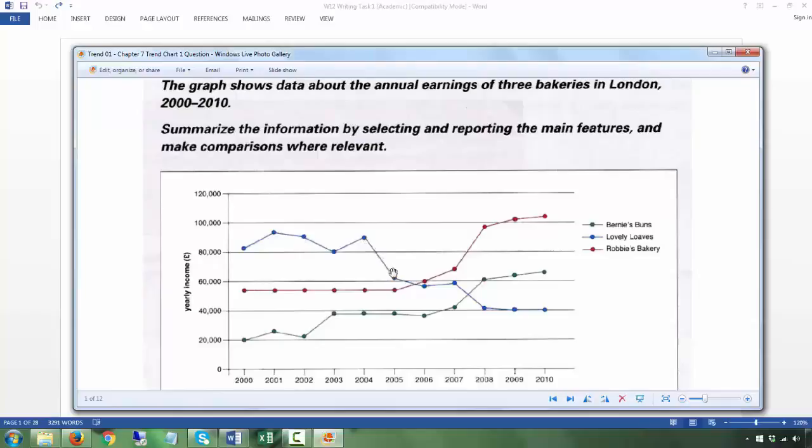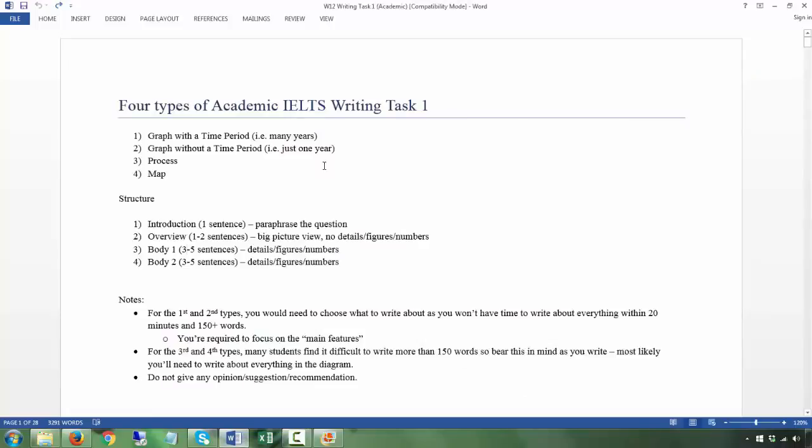So when I look at this, I say, wow, this is kind of like a major change. And that's the way you have to think about it. Focus on the major change, because as I mentioned before, in the first 2 tasks there'll be too much information, and you have to really focus on the main features.